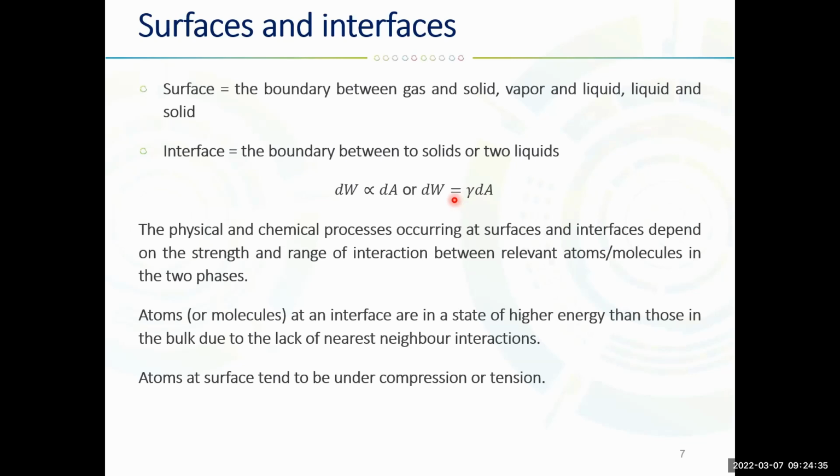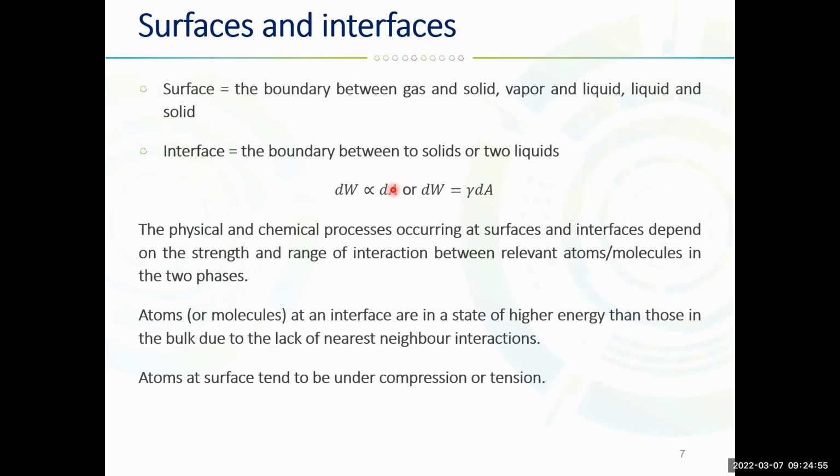he realized that if you calculate the work that is required to produce a surface or an interface, this work is proportional to the surface area, and that's been produced in the process of splitting a solid or a liquid.